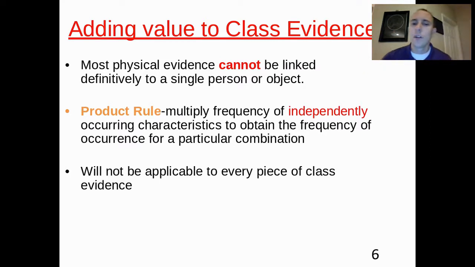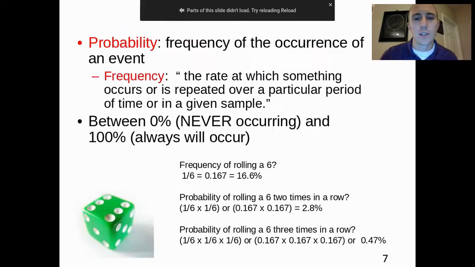So what we're going to do is we're going to use statistics and probability to try and figure out the likelihood that someone was at the crime scene, that someone was connected to that crime scene. So essentially what we're going to do is we're going to multiply the frequency or the likelihood of independently occurring characteristics. And we'll explain what that means here in just a moment.